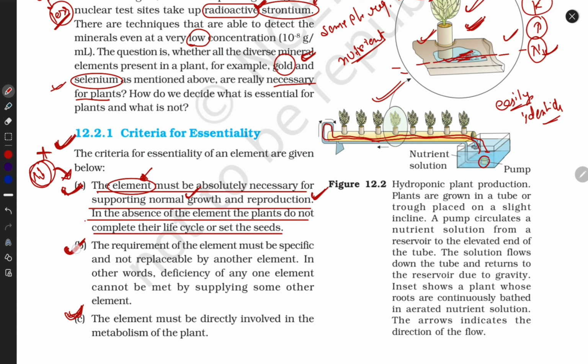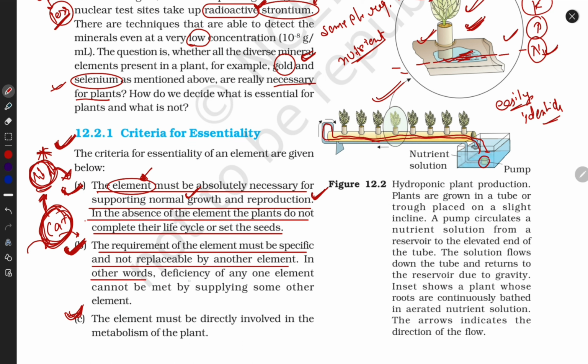Now the second condition: the requirement of the element must be specific and not replaceable by another element. If we do not provide nitrogen and we provide calcium, but the calcium can't fulfill nitrogen's absence, then nitrogen is an element. Even if calcium is provided in a large amount, the plant still shows nitrogen deficiency.